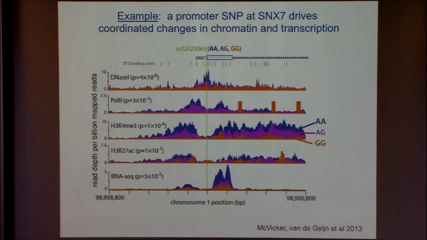So here's one example where the different tracks show the results of different assays, and the different colors show you the read depths segregated by genotype. The dark blue is AA, and there's AG and GG. And so you can see that the AA individuals have got high DNase I sensitivity, they've got high RNA polymerase, and they've got high marking by 2 different histone marks that are associated with active chromatin.